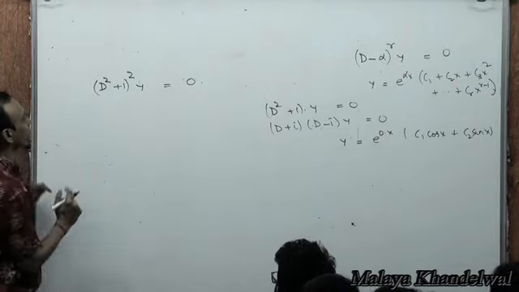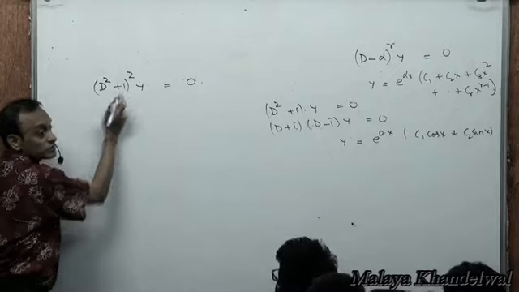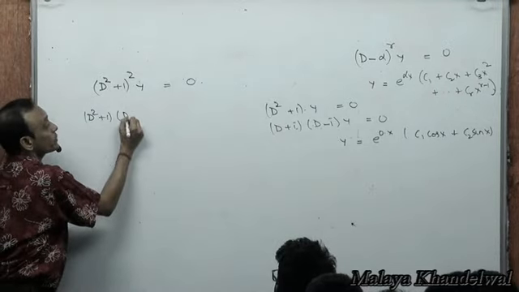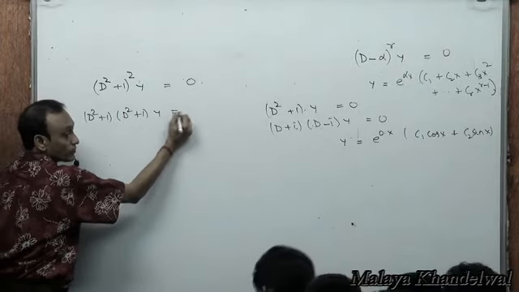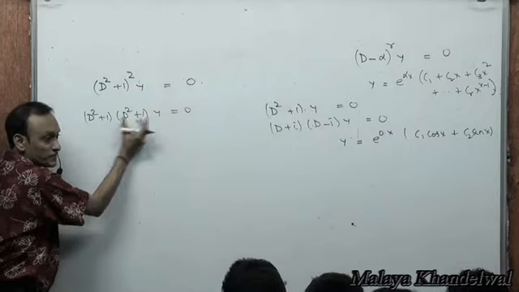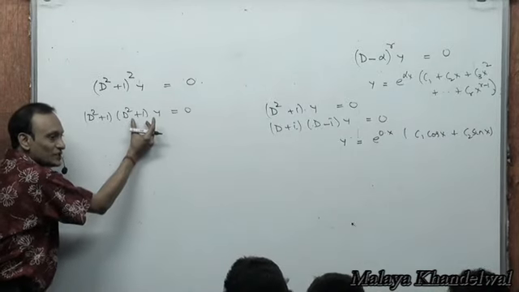But suppose, in this case, there are two pairs. (D squared plus 1) whole squared acting on y is 0. There are 4 complex roots, 2 obtained out of this and 2 obtained out of this, and they are coincident.